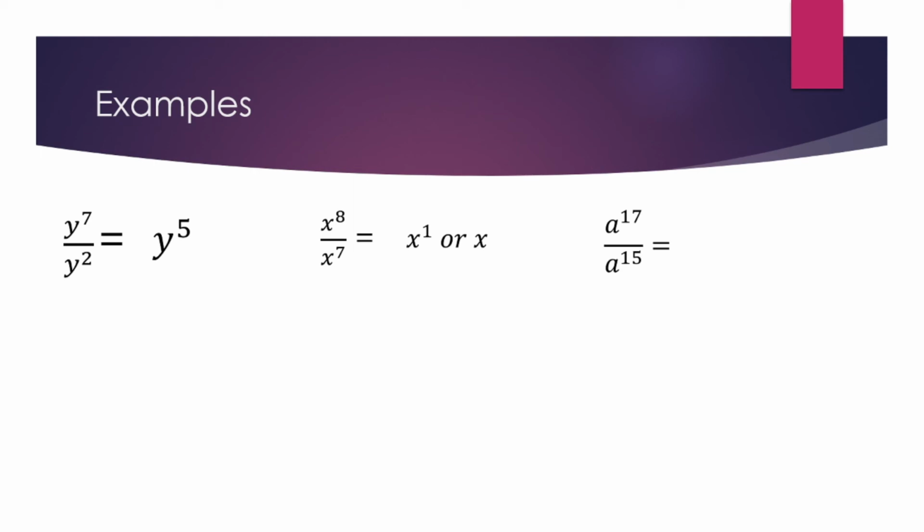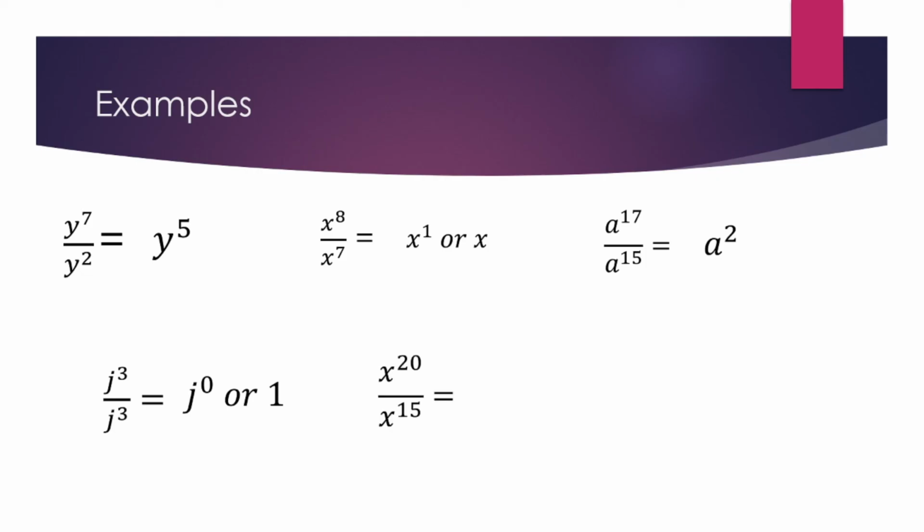A to the 17th divided by a to the 15th. 17 minus 15 is 2, so a to the 2nd. J to the 3rd divided by j to the 3rd. This is j to the 0, which is just 1. Remember, when I have the same amount on top and bottom, they make 1s. So in this case, we just have 1s.